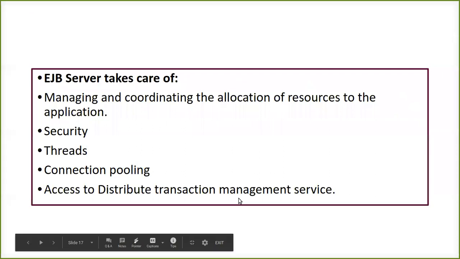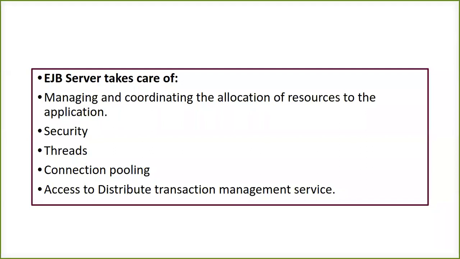The EJB server is going to take care of so many things. It is going to manage and coordinate the allocation of resources to the application. Resources can be the memory, or the object or instance for each request. It also takes care of security, threads, and the connection or transaction which needs to be built between your client and the server.